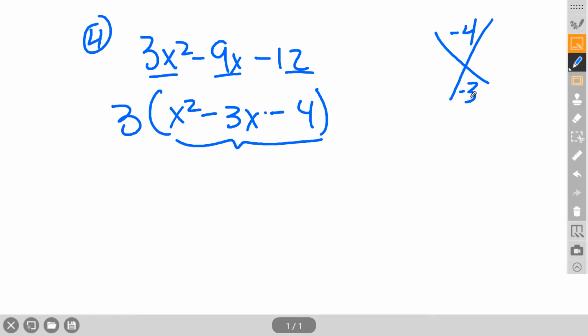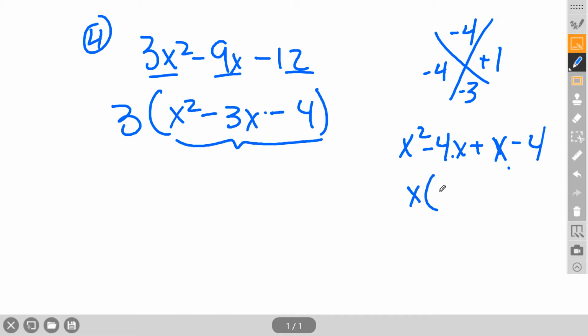Two numbers that multiply to negative 4 and add to negative 3 are negative 4 and positive 1. Okay, so that means I can split the middle term, negative 3x, into minus 4x and plus x. Factor out the GCF.